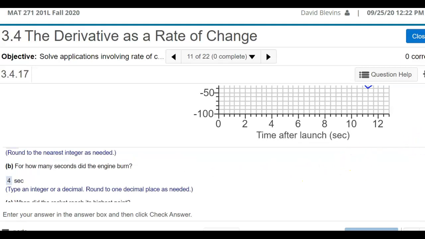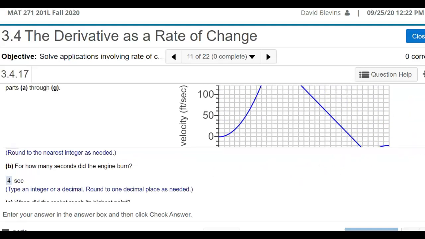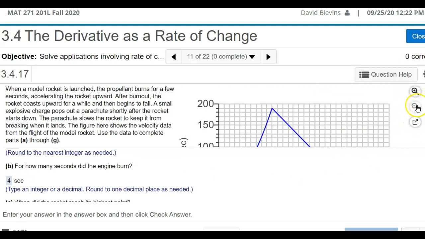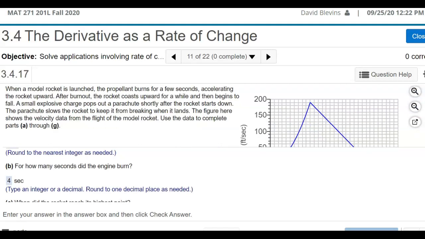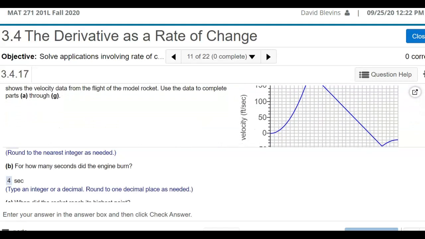Then it wants to know when the rocket reached its highest point. These things always reach their highest point when velocity is 0, when we have that change in velocity from rising to falling. So what we're being asked to do is estimate the coordinates of that intercept right there.